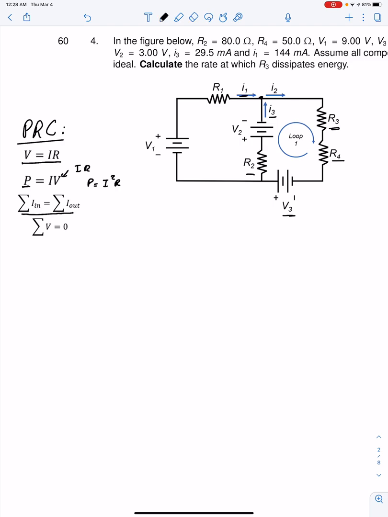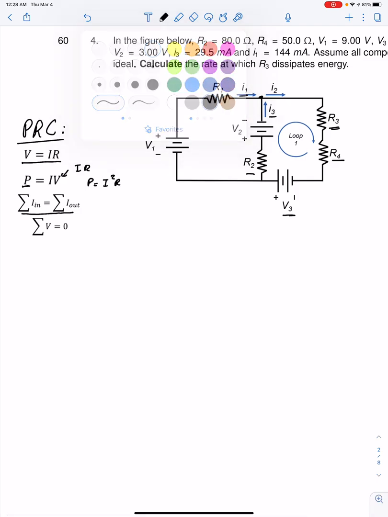So this is where step one begins. Step one, solve for current 2, because we need current 2 for solving for the current across the resistor 3.